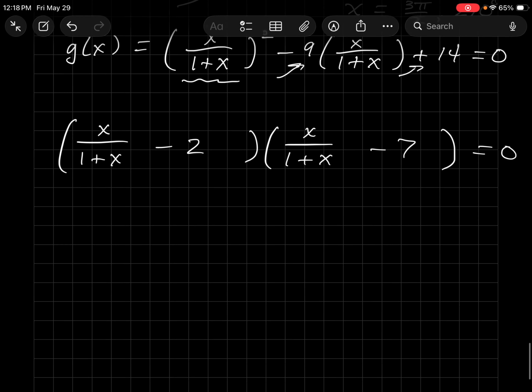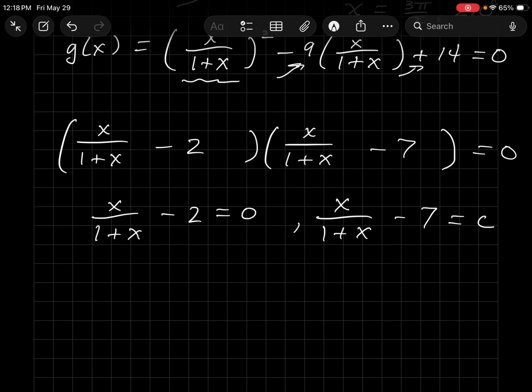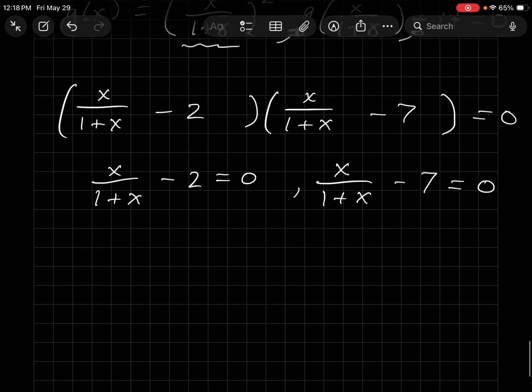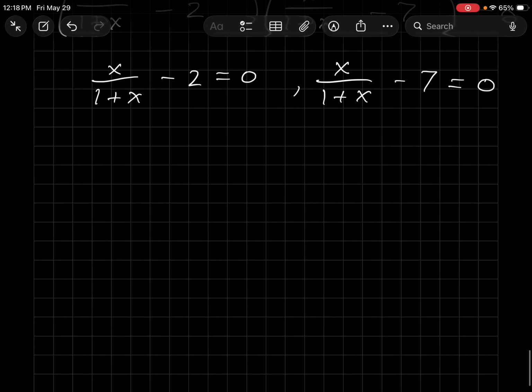And then we have two things we can solve. Either x over 1 plus x minus 2 equals 0, or x over 1 plus x minus 7 equals 0. So we could say x over 1 plus x equals 2. And I'll just continue with this one down here.